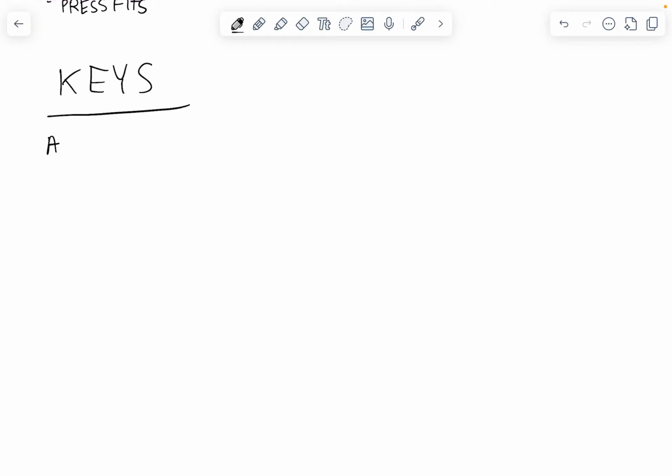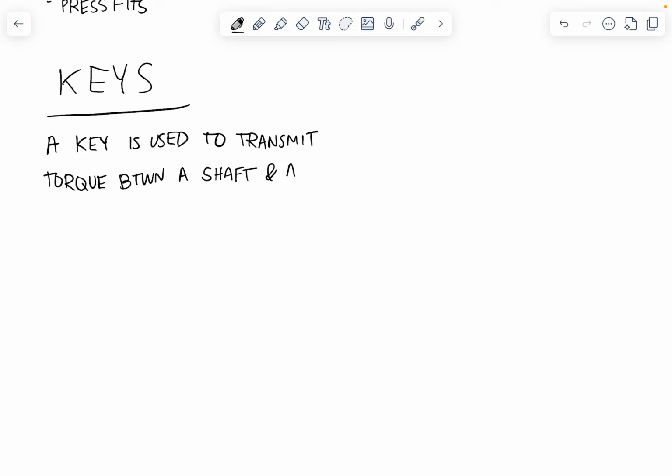So a key is used to transmit torque between a shaft and a shaft supported element.